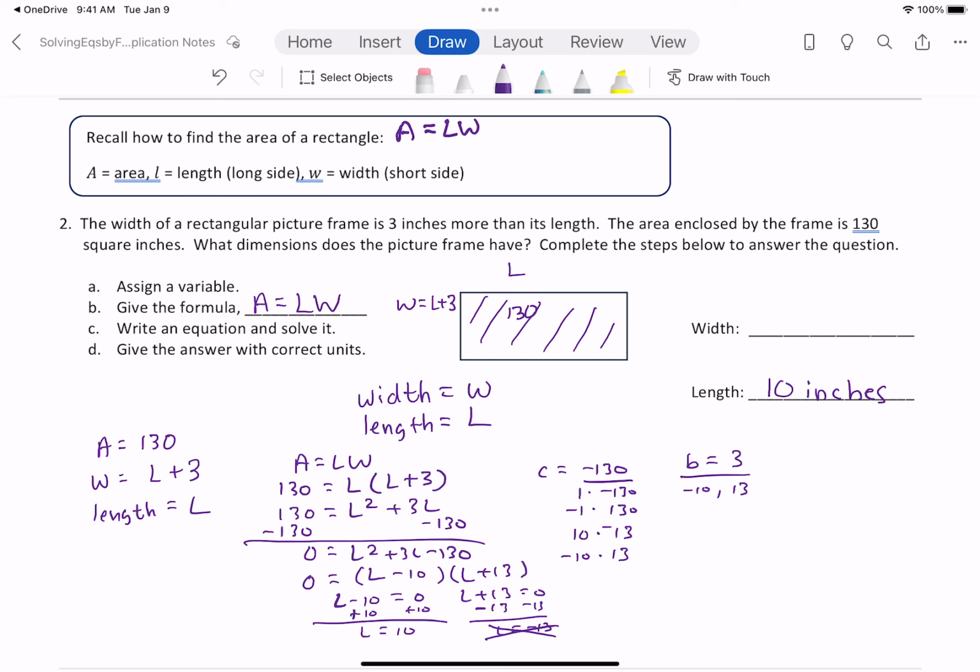Then to get the corresponding width, what we know from the problem is the width was 3 longer than the length. So if the length is 10, then that means the width is 10 plus 3 or 13 inches.